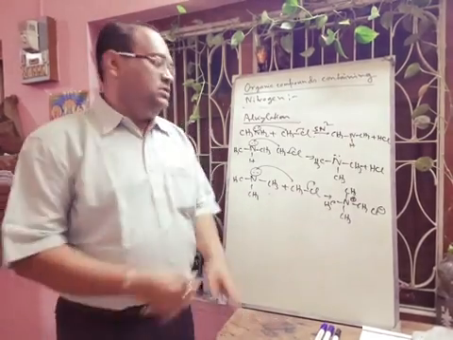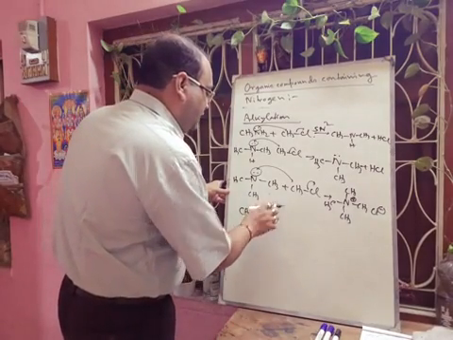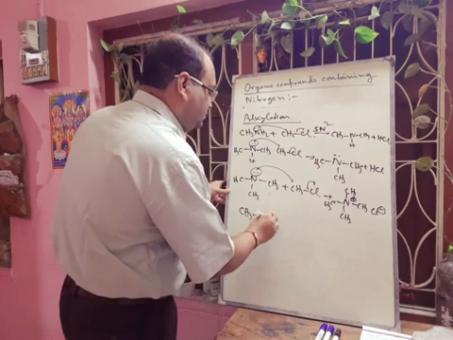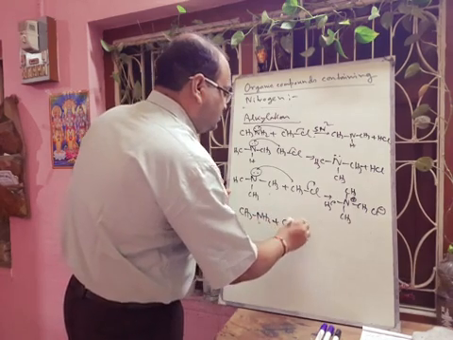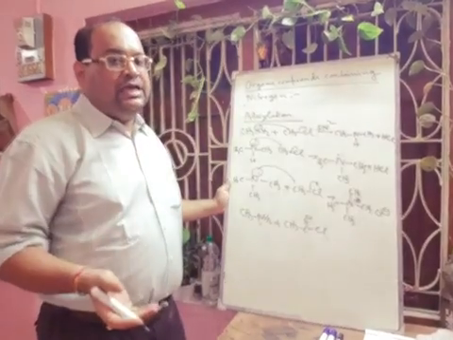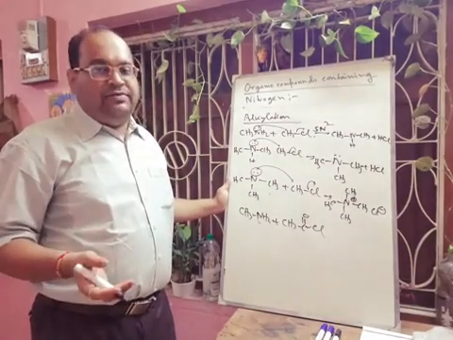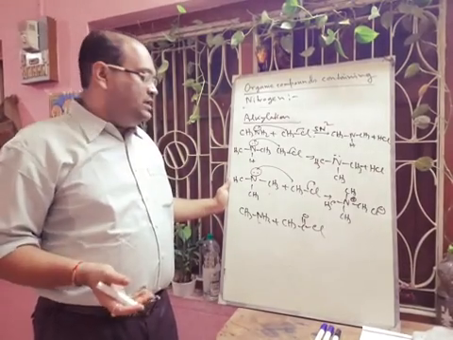So if we give acetyl chloride to this amine, acetyl chloride can be easily prepared. We have to take the acid, and if you add any chlorinating agent like thionyl chloride, PCl5 or PCl3, then there is formation of CH3COCl.